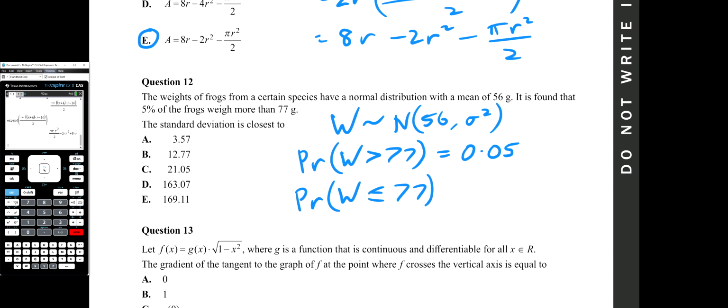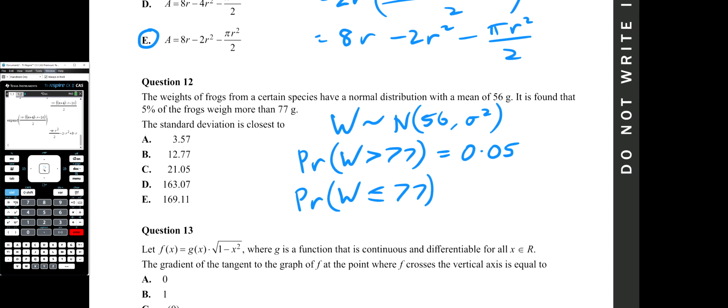After that, we ask the calculator to solve for S. And we end up with S equals 12.767..., so sigma roughly equals 12.77 to 2 decimal places. Perfect. So let's go to question 13.